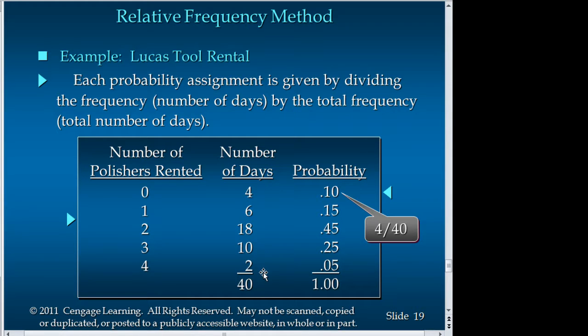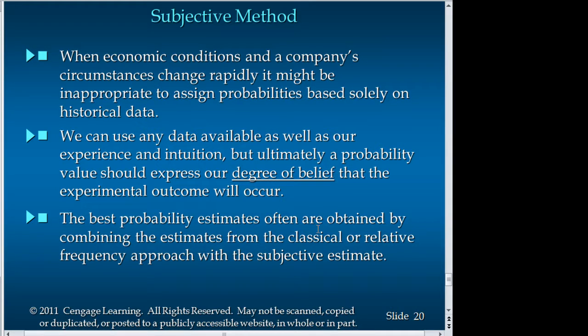That's how you calculate this probability. How do you figure out this 15%? Well, 6 divided by 40. How do you figure out this 25%? Well, 10 divided by 40, right? So you can get all these probabilities based on the past 40 days' records.